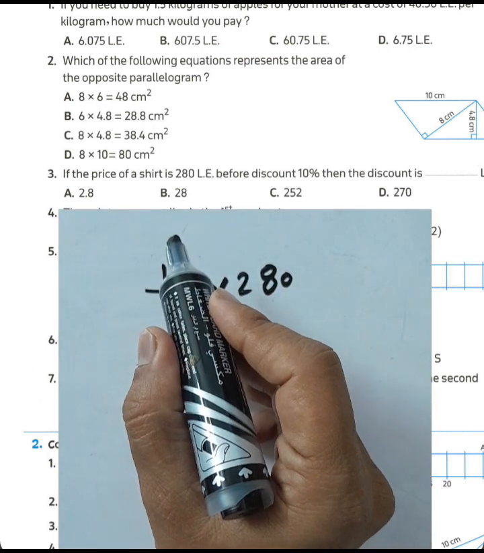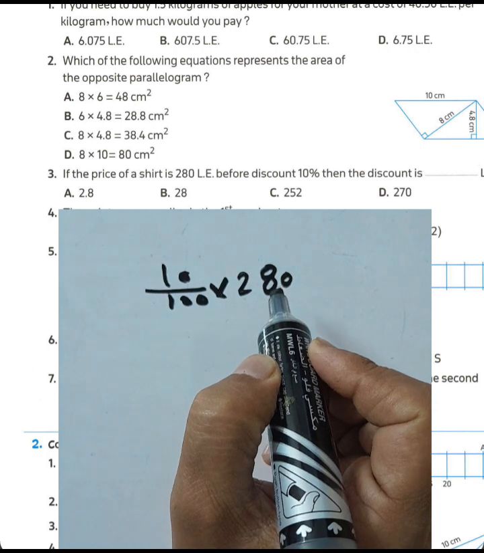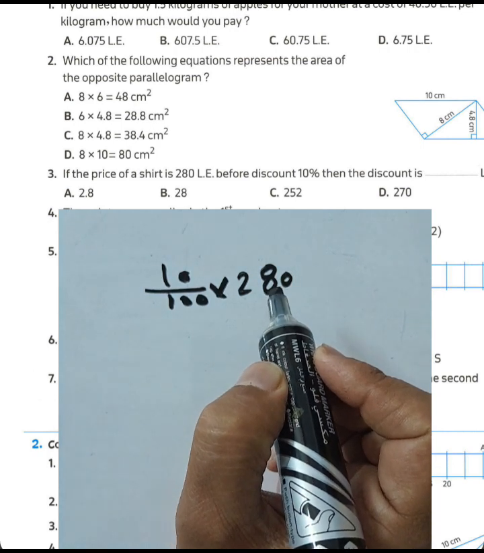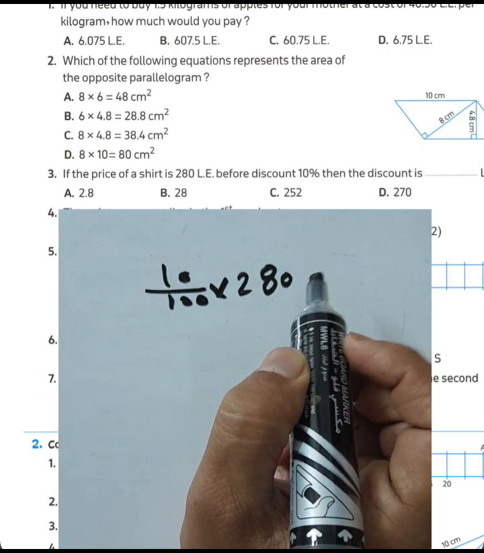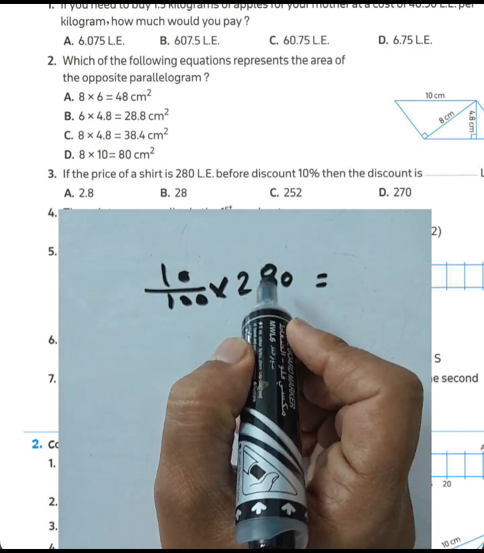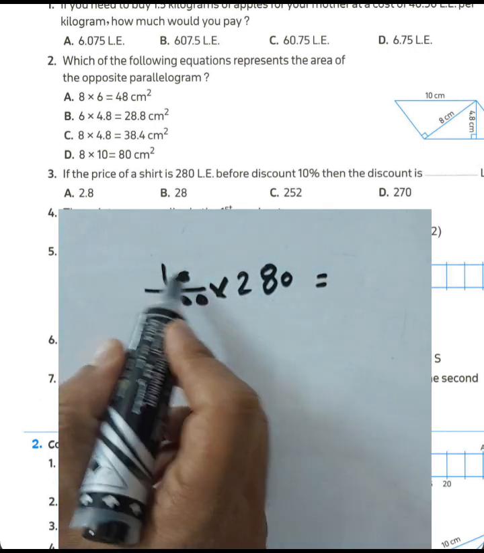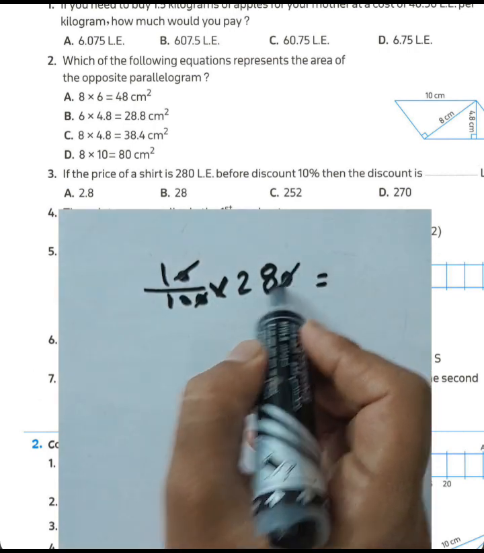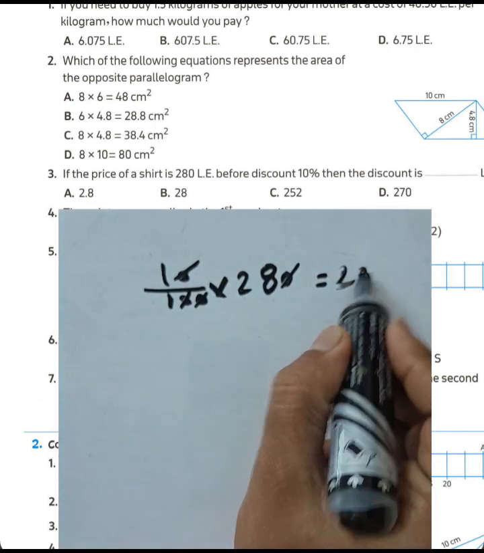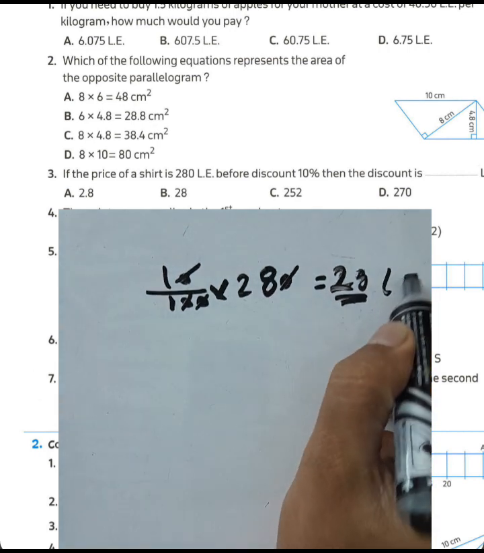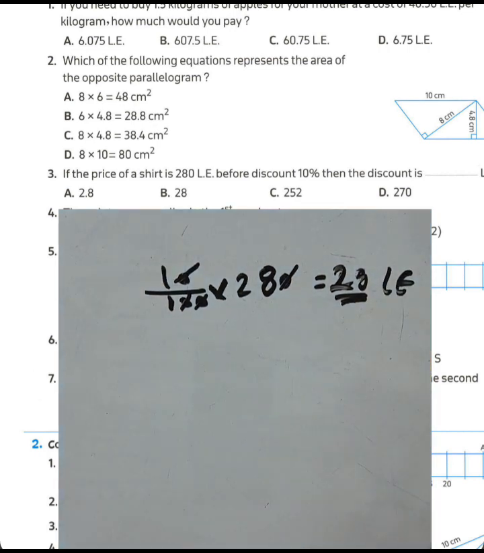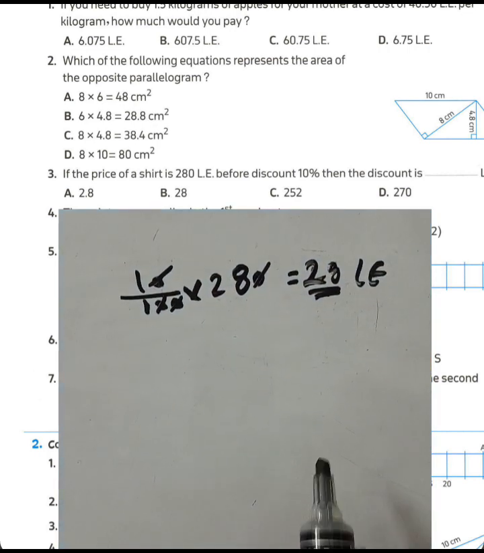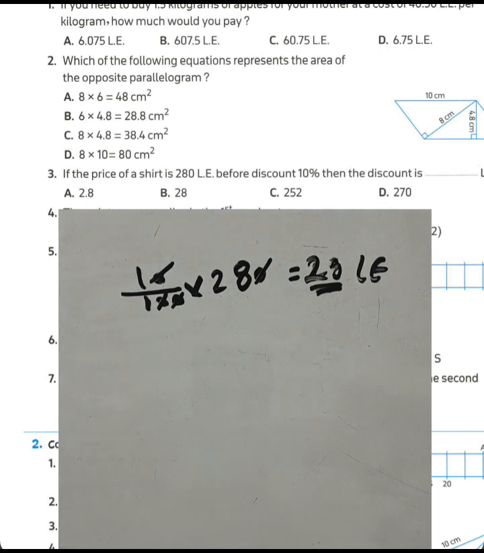Again, the price of a shirt is 280 Egyptian lira. Before a 10% discount, then the discount would be what? We can write the discount 10 over 100 times 280, cancel 0 by 0, and cancel 0 by 0, then the result will be 28. It's the discount. The discount will be 28 Egyptian lira. Choose letter B. We want to find the discount, okay?